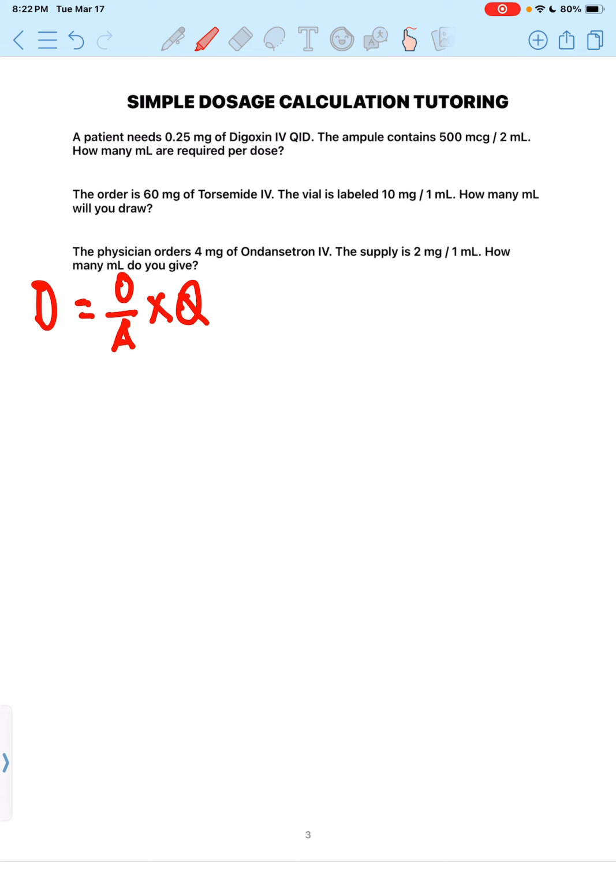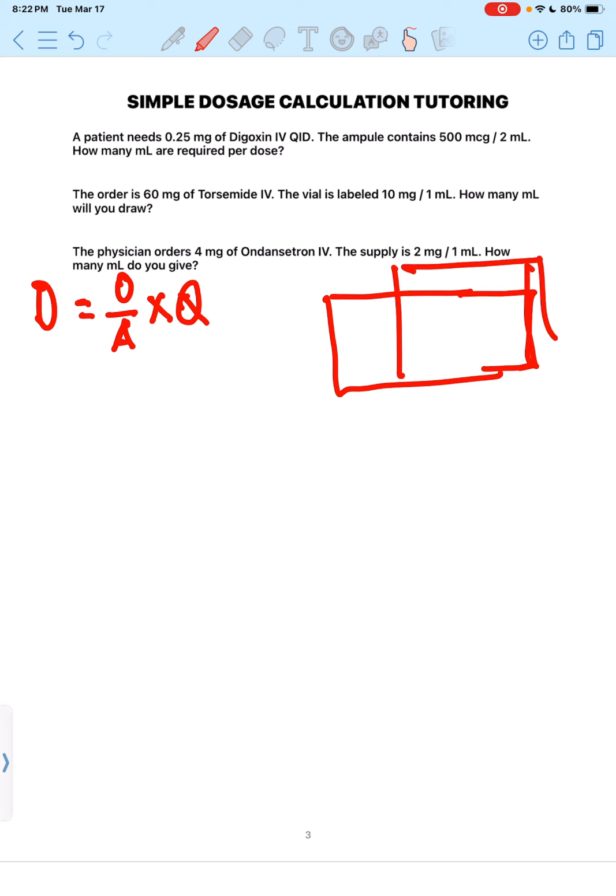Let's draw a little table, and here we're going to call the quantity. Okay, and here we call solid and we call liquid.